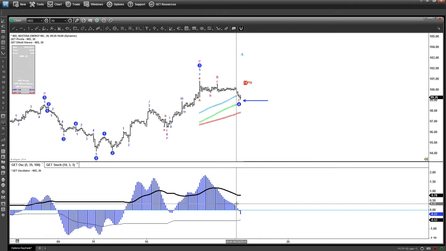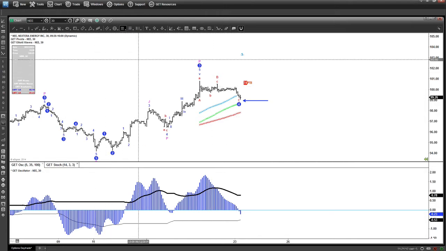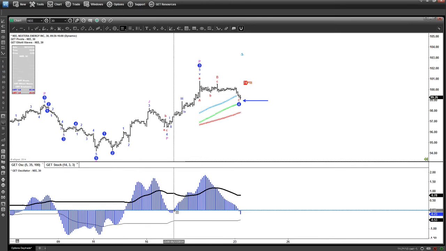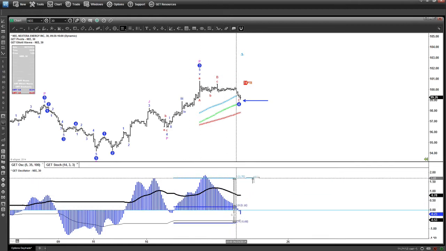So when you see this pattern on the chart, you've got a nice wave 4 in place and that oscillator has pulled back. I can go down there and measure this oscillator from the starting point where it just started peaking above 0, which is back here on June 17th, and extend it to the highest peak of it.